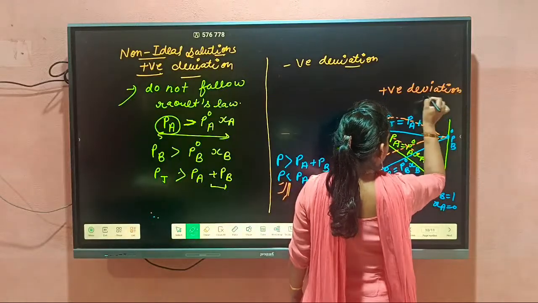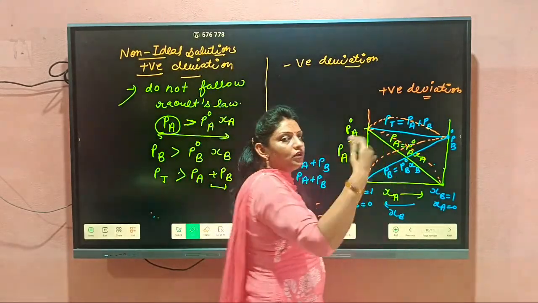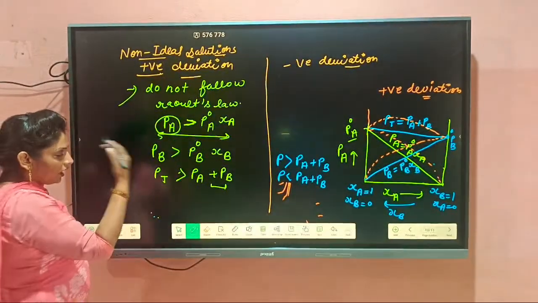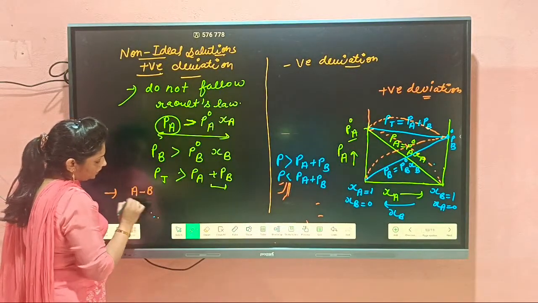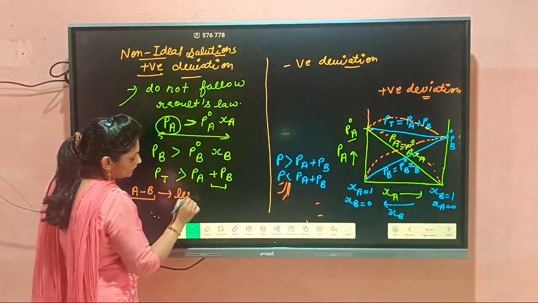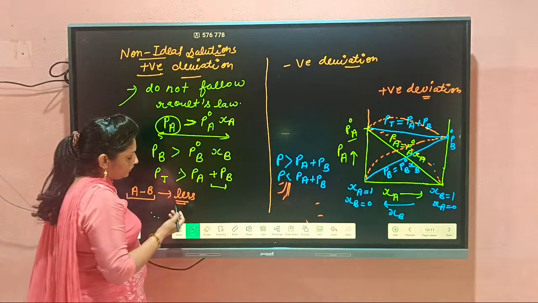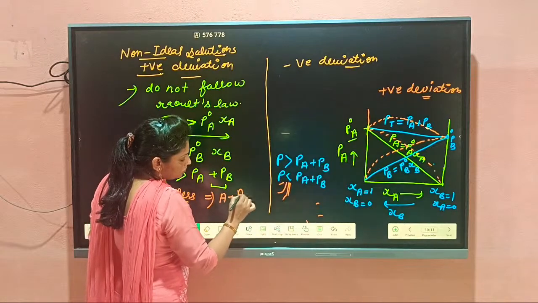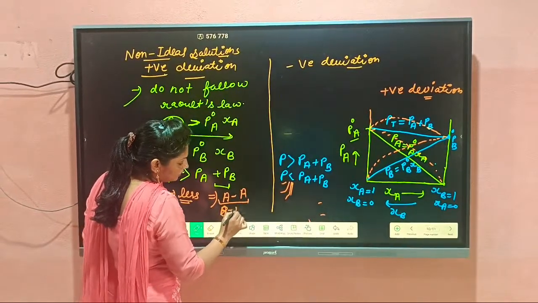Why do we get this type of graph? Why is the value of the pressure greater as compared to the expected value? Students, in case of the non-ideal solution with positive deviation, the interaction between molecules of A and B is less as compared to the interaction between solute component and solvent component.